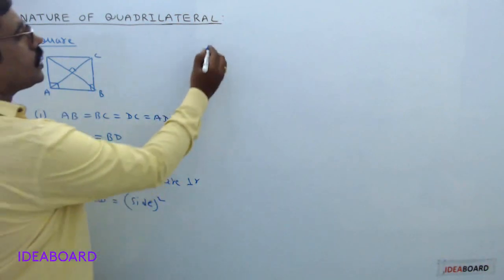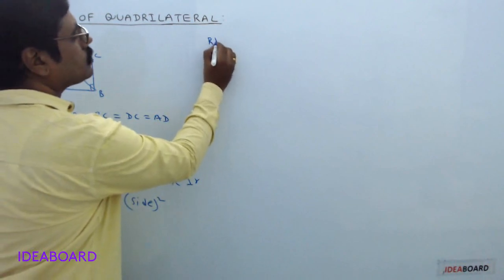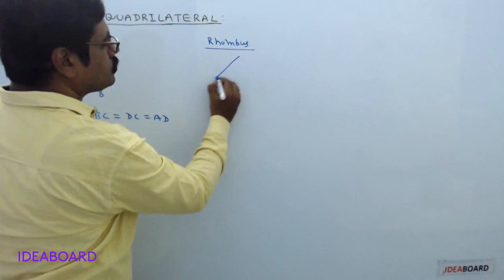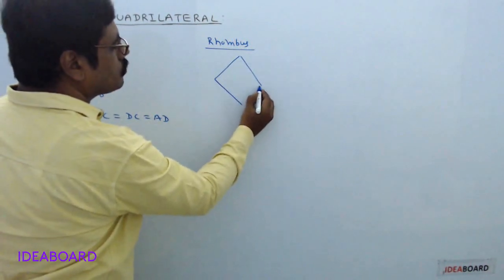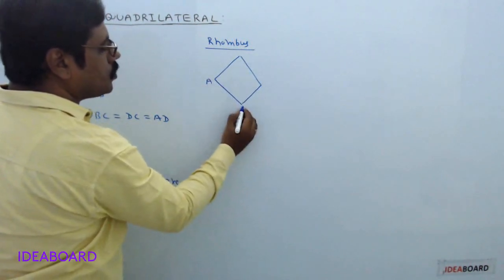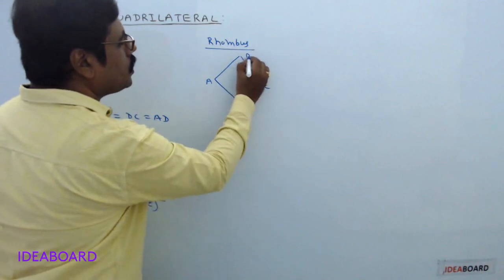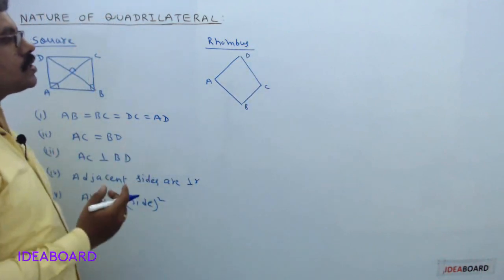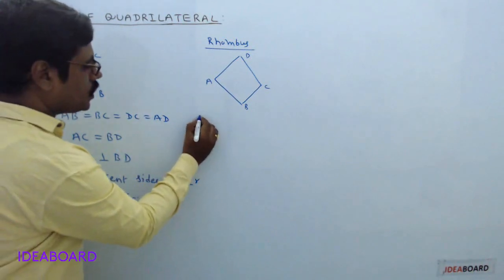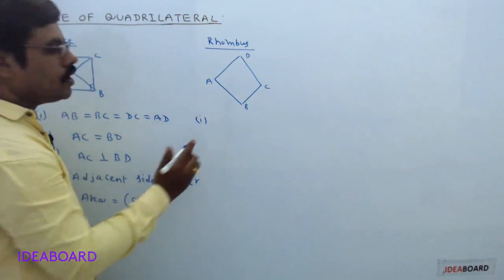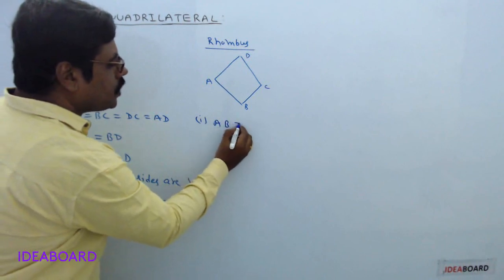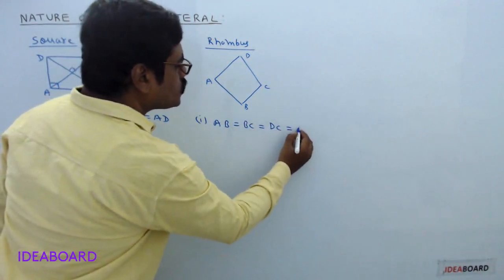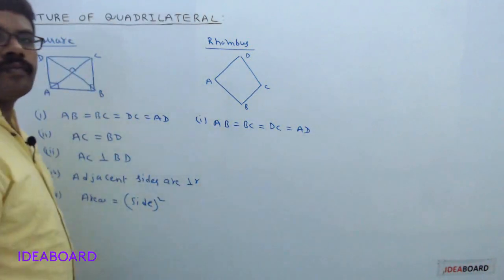Then come to the second one, rhombus. Suppose A, B, C and D are the vertices of a rhombus. Now see the conditions in the rhombus. First condition, all sides are equal. That means AB equals BC equals DC equals AD.